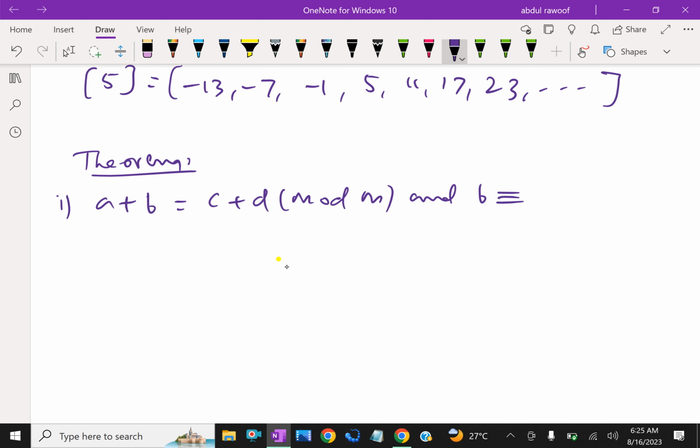For example, observe this one. 2 is congruent to 8 mod 6, and 5 is congruent to 41 mod 6.